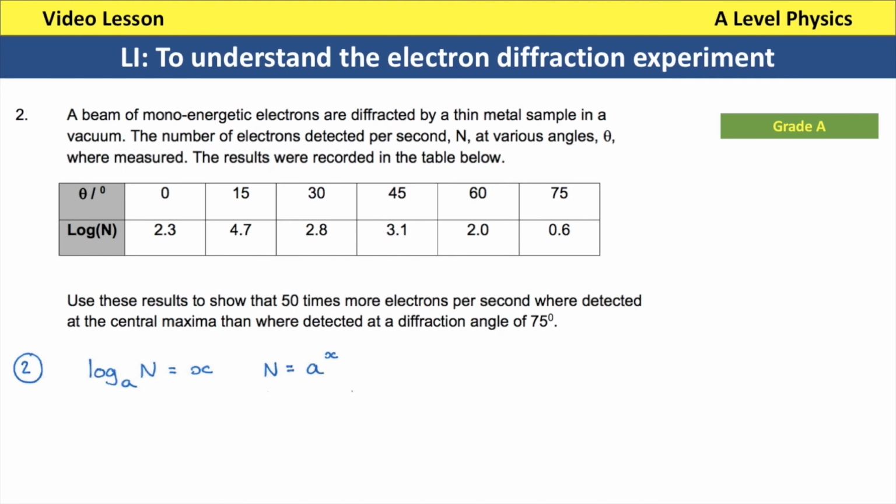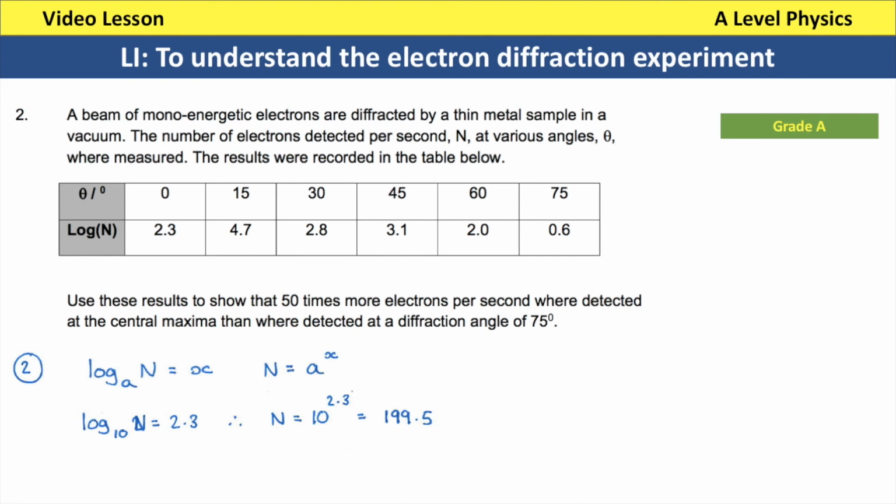power of x. So if we know that log of n was equal to 2.3, we use that exact same logic to say that n itself is 10 to the power of 2.3, and that of course comes out as 199.5.